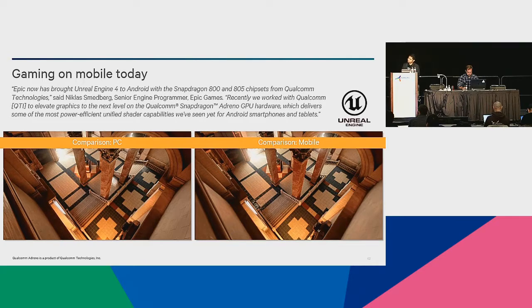They presented this at GDC as well, and they rendered it on Snapdragon 805 on the right-hand side, which is the same processor that is in Galaxy Note 4, and the PC on the left side. So when someone like Unreal Engine maker Epic is saying that we are getting the same rendering quality as a PC on mobile, you've got to believe it.